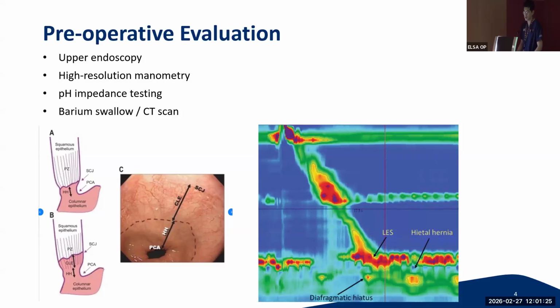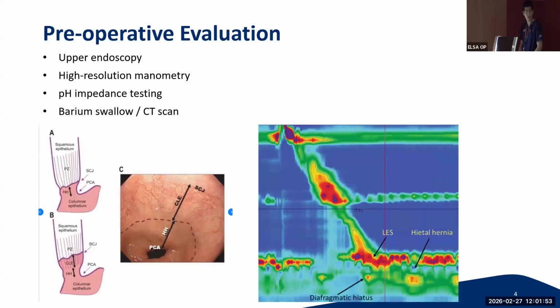Of course, in this day and age, barium swallow is less indicated because of all these other good modalities we have. I think on the pH impedance and the manometry, we can actually also appreciate the presence of a hiatus hernia. You can see here that there are two pressure bands. One is the lower esophageal sphincter, that's a high pressure area, and you see another high pressure area near the diaphragmatic hiatus.